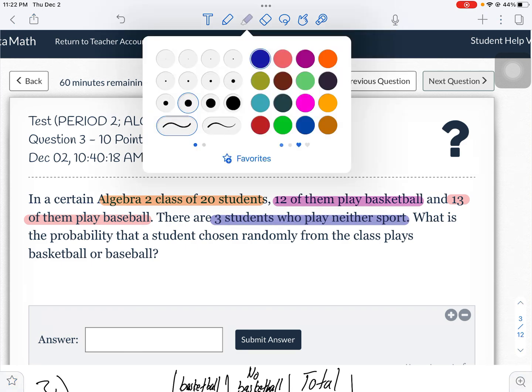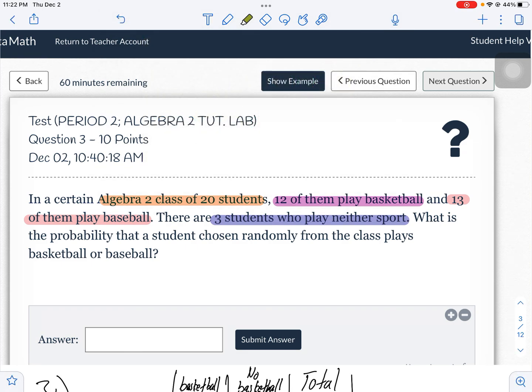So what is the probability that a student chosen randomly from the class plays basketball or baseball? Okay, plays basketball or baseball.